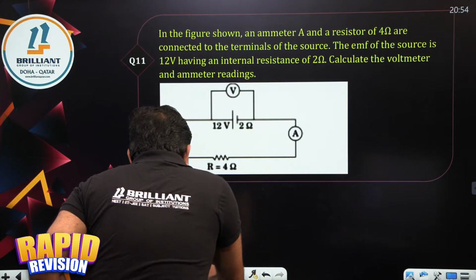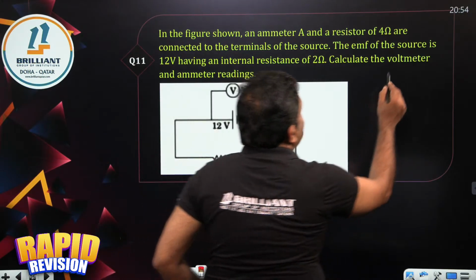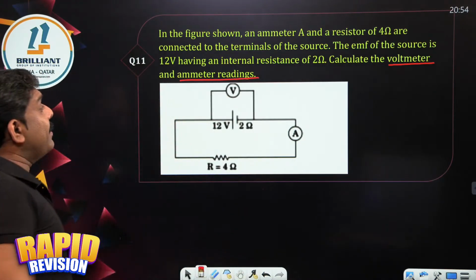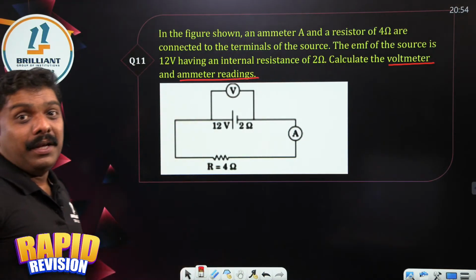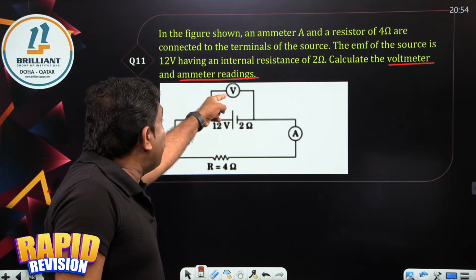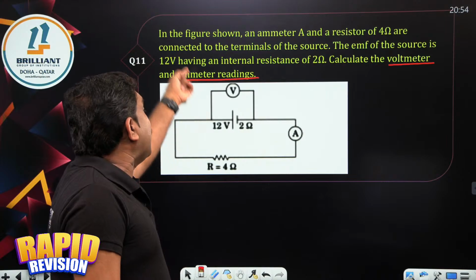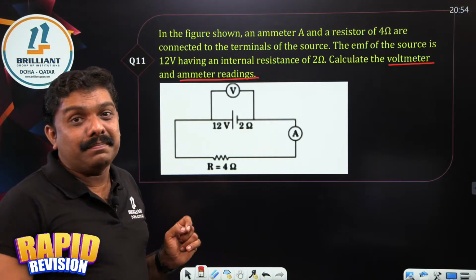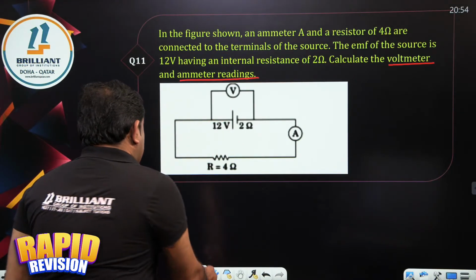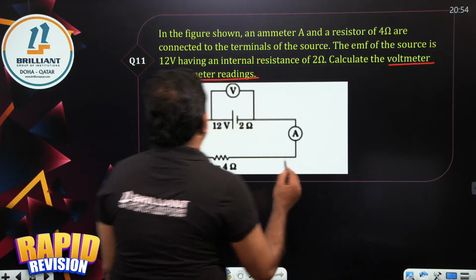Calculate the voltmeter reading and the ammeter reading. This question is for the cell. The voltmeter is connected across the cell, so voltmeter means the potential difference across the cell. EMF, internal resistance and external resistance are all given.